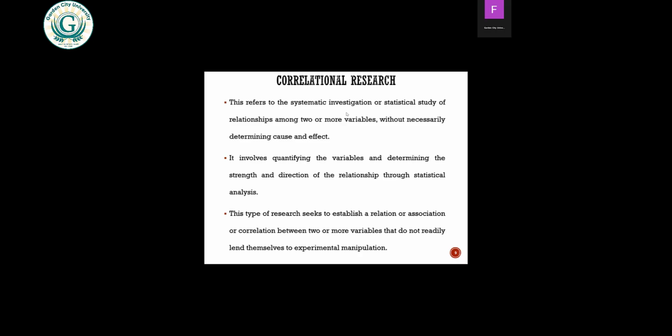When there is poverty in their community or household, the teenagers tend to be pregnant, but you don't know the exact cause of the pregnancy. So a correlational study is only telling you that the two variables are related or not related, but it would not tell you the exact cause of the dependent variable. I hope this meets your satisfaction.